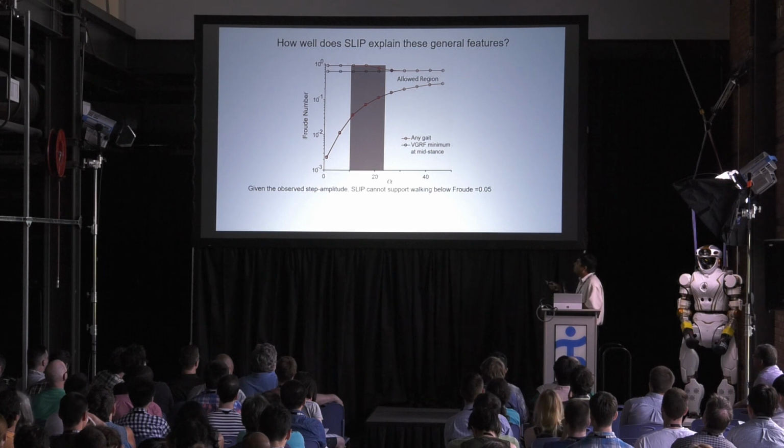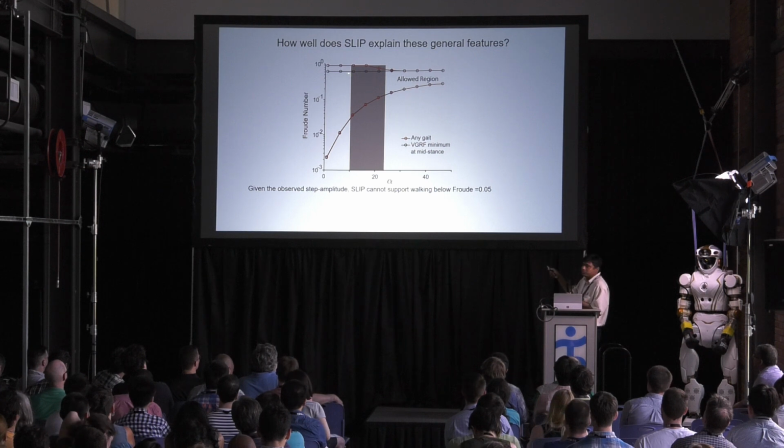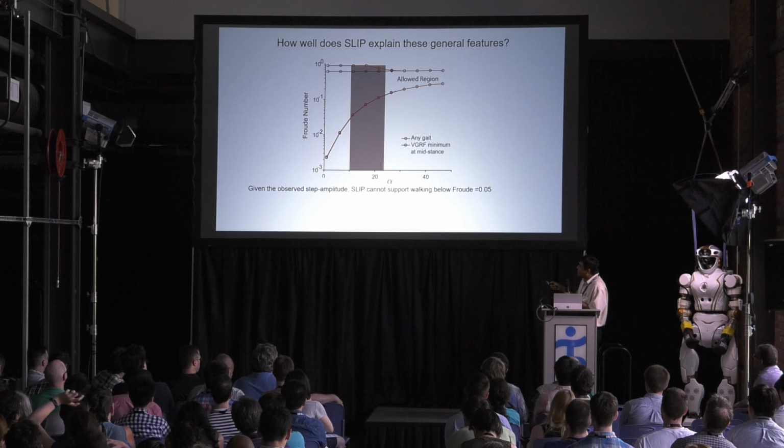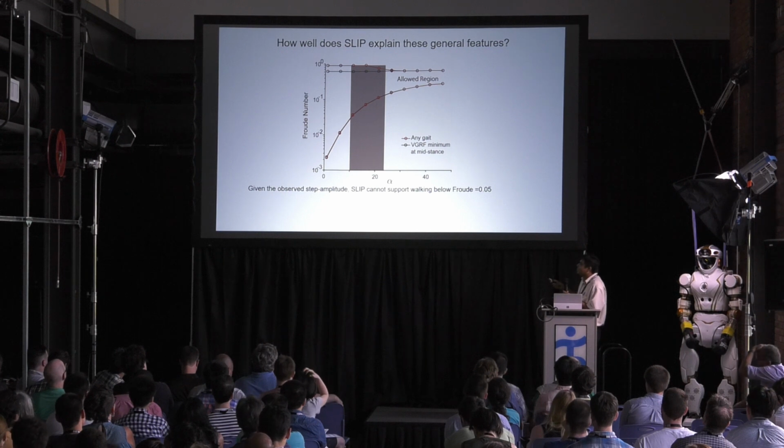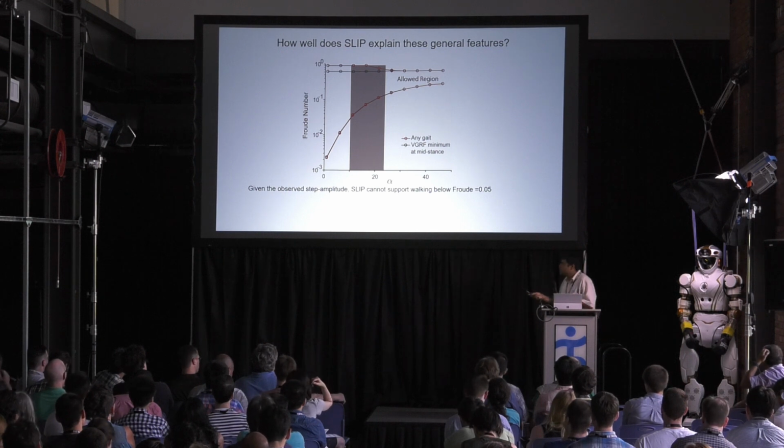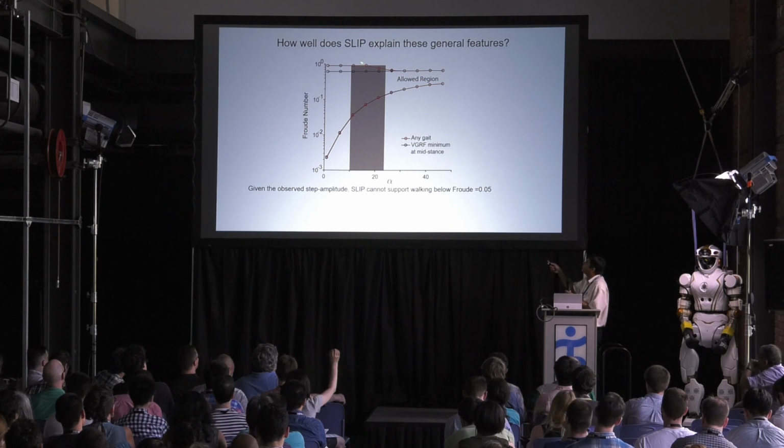So if you look at this plot here, we are just looking at the range of the Froude number possible for slip, which is this middle region over here, as we vary alpha. The way we do it is for a given alpha, we vary over all the other dimensionless parameters to get the minimum points as well as the maximum points.